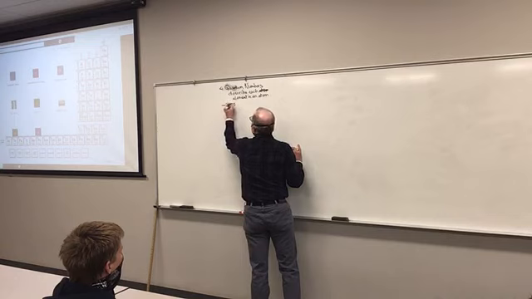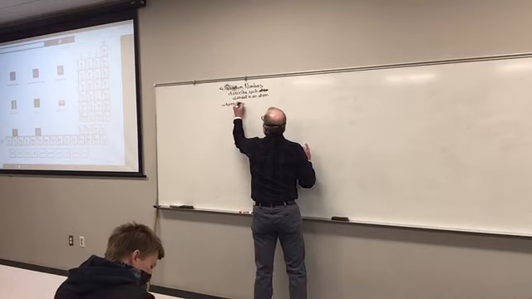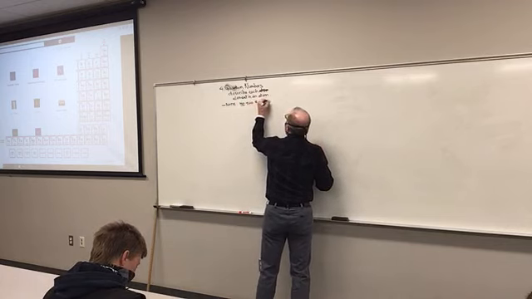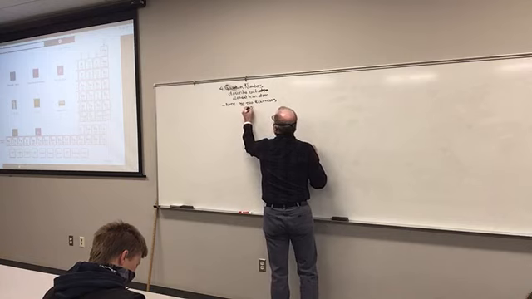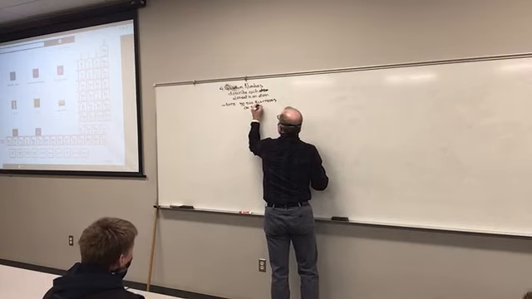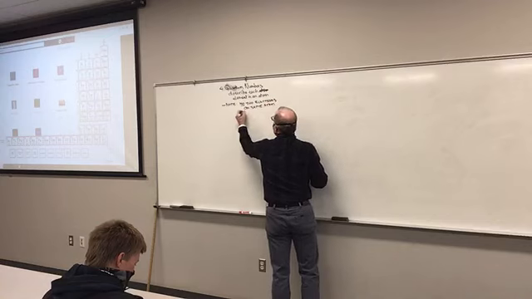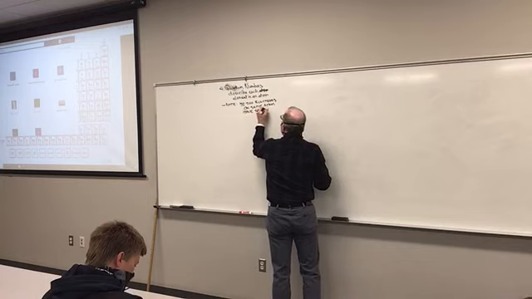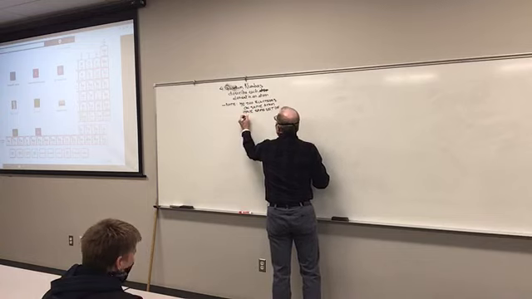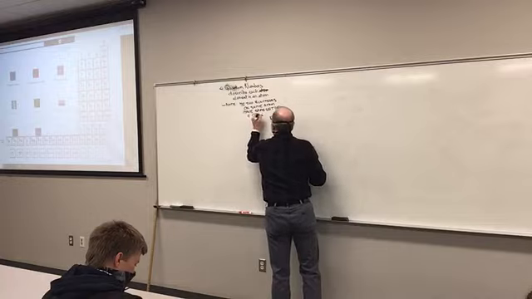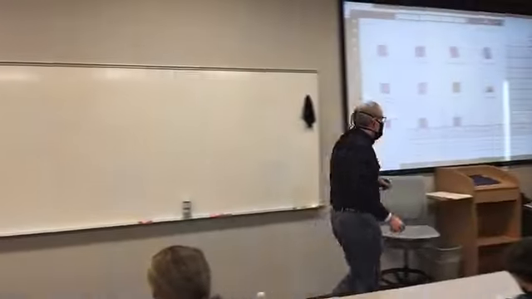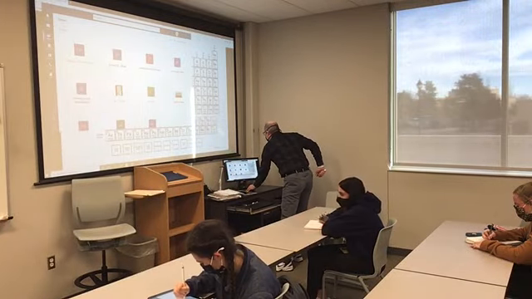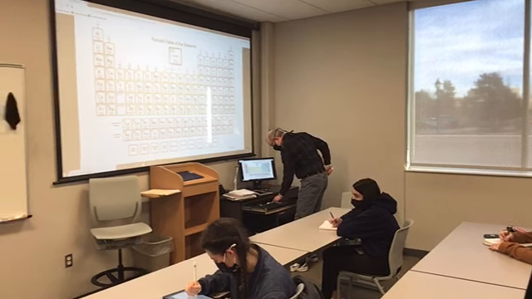No two electrons in the same atom have the same set of four quantum numbers. The other way of saying that is every electron on an atom gets its own set. Nobody else can have it.